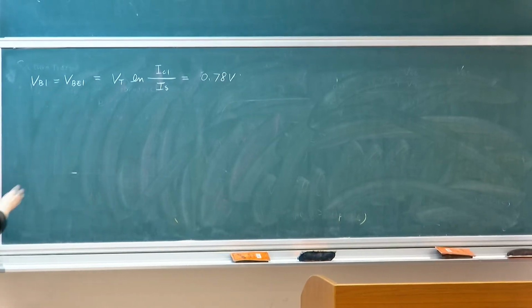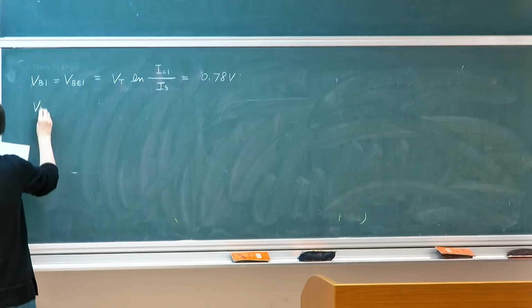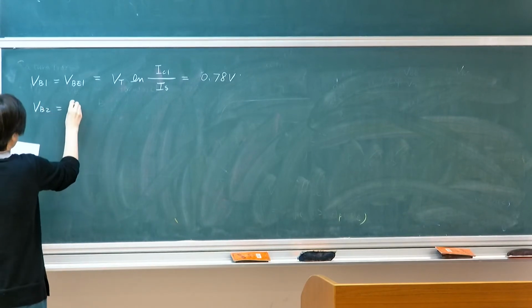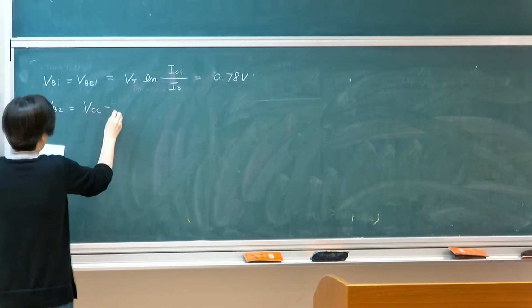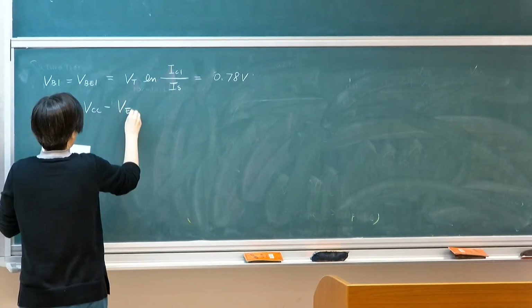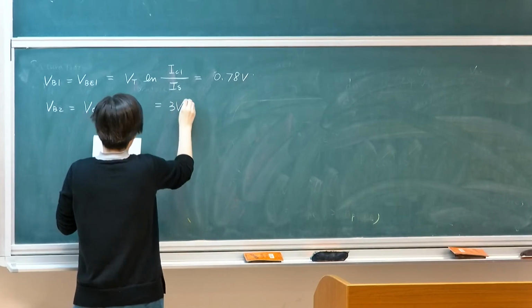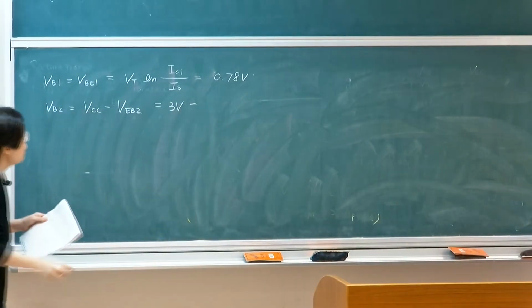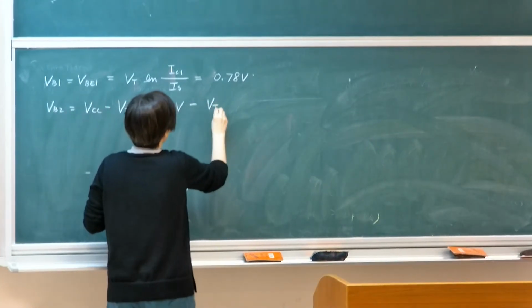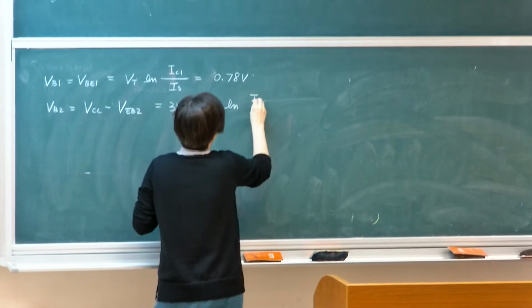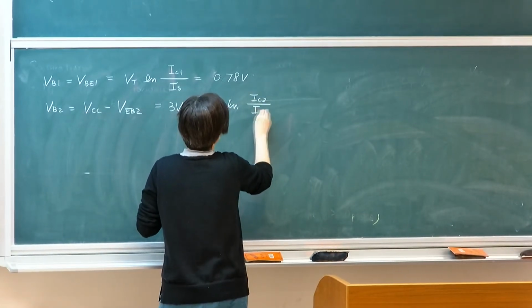Here are the inserted numbers. And of course, VB2 equals VCC minus VEB2. And this will be 3 volt minus VT ln of IC2 over IS.